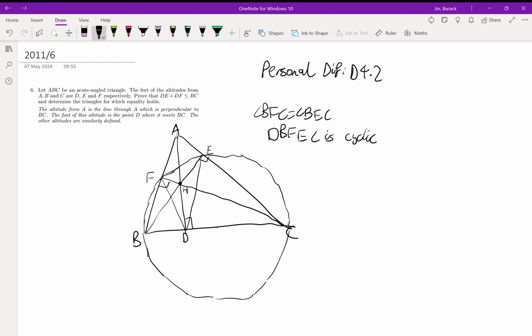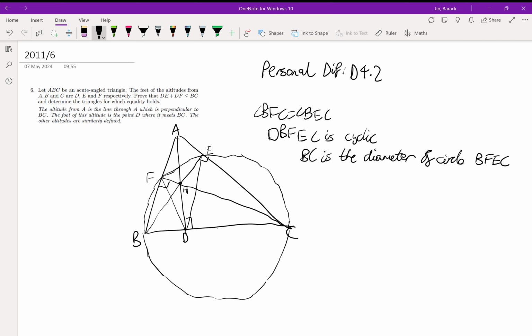So that's a circle. What else do we know? Now BC is the diameter, because by Thales, a right angle triangle has the hypotenuse as the diameter of its circumcircle. So I'm just going to write that down. This is the diameter.